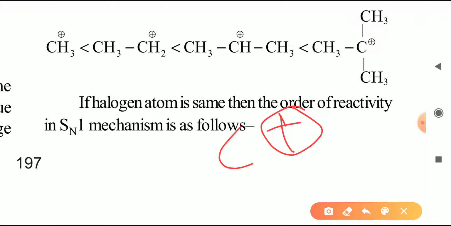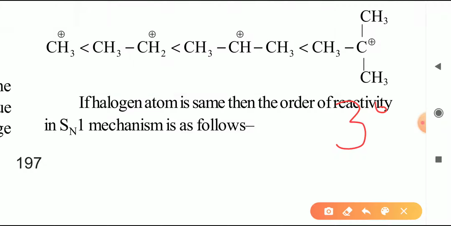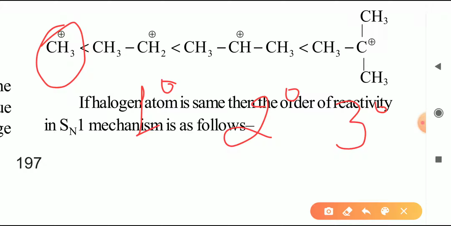So in these carbocations, that one is a 3 degree carbocation, that one is a 2 degree carbocation, that one is a 1 degree carbocation, and that one is the methyl carbocation. Now in the 3 degree carbocation, C plus is attached with CH3, CH3 and CH3, 3 alkyl groups which show plus I effect.